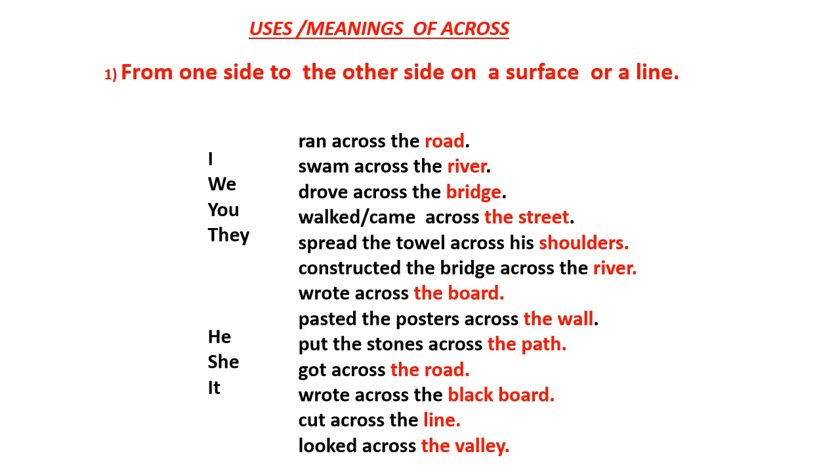I pasted the postage across the wall. I put the stones across the path. I got across the road. I wrote across the blackboard. I cut across the line. I looked across the valley. In this way, we can frame the sentences with other pronouns like we, you, they, he, she, it.